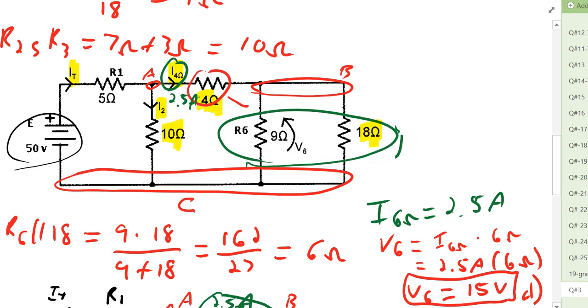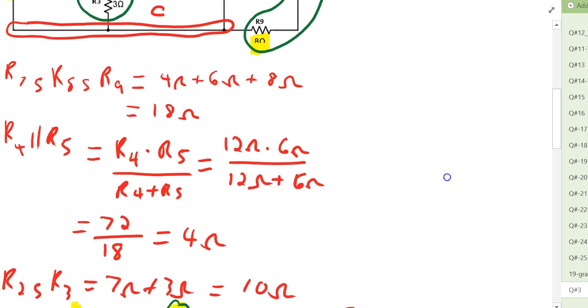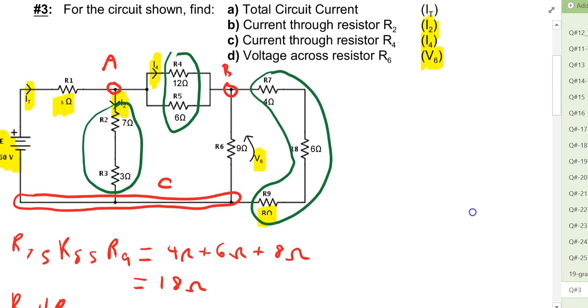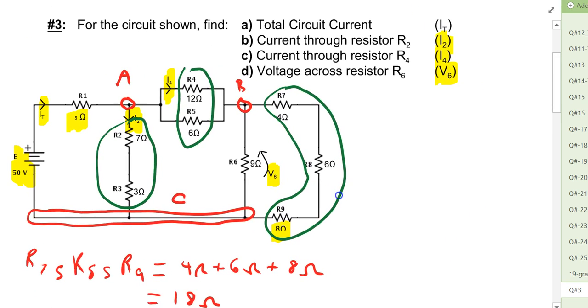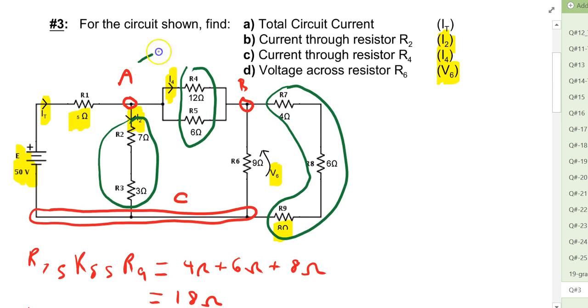And if you wish to use current division now, you can divide that current between resistors 4 and 5. However, what we'll do is, back in the original circuit now, we can say that the voltage drop across the here is VAB, and VAB is equal to the current I 4 ohms multiplied by the resistance 4 ohms.